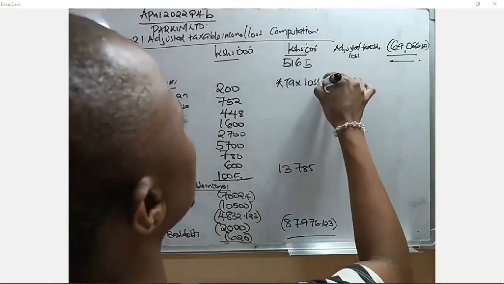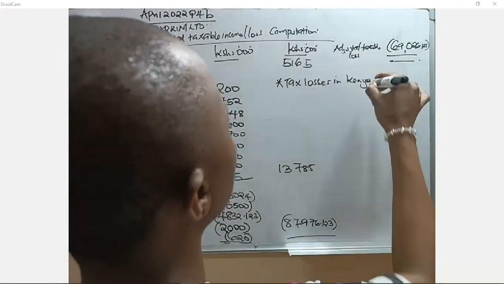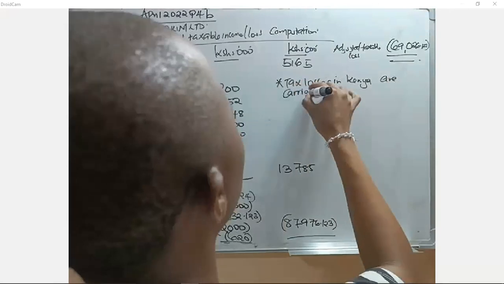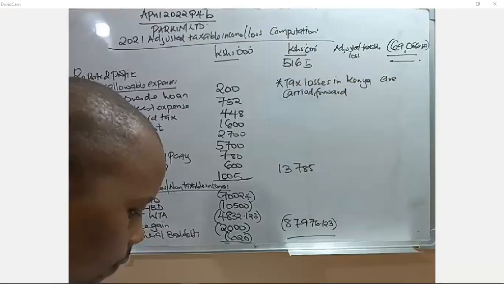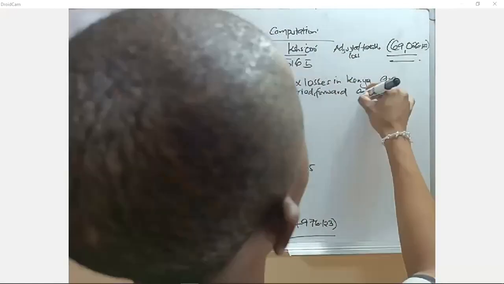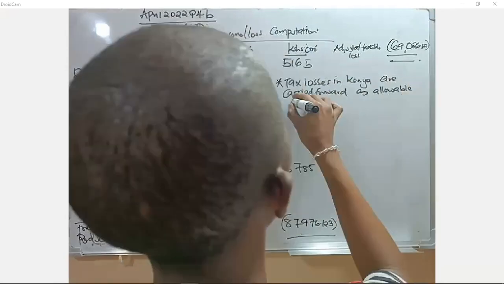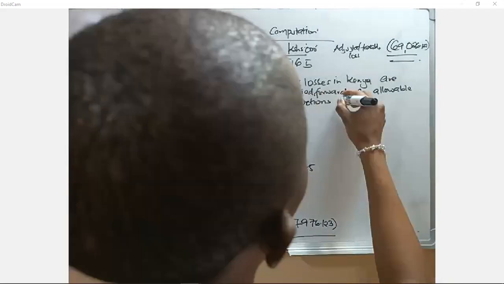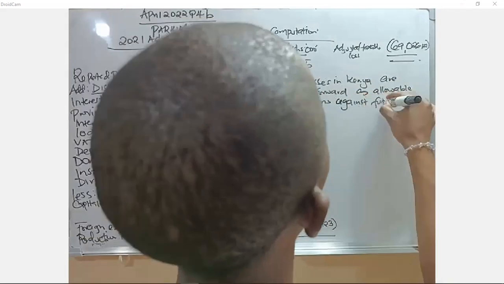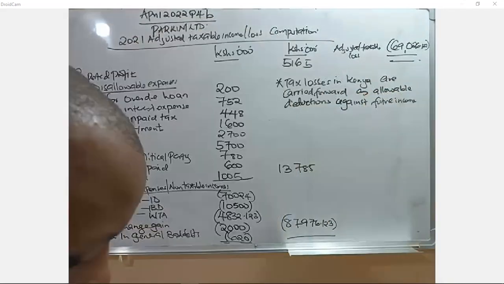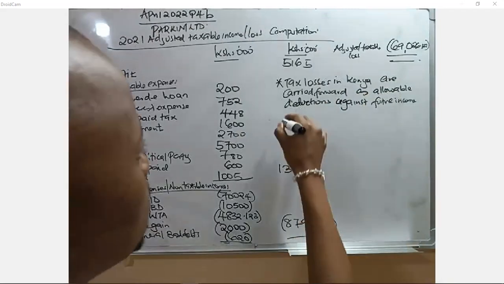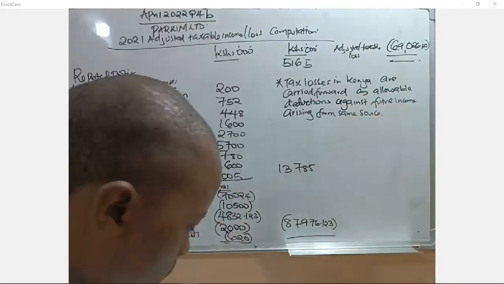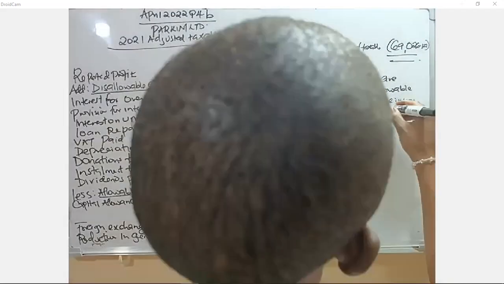Tax losses in Kenya are carried forward as allowable deductions against future income arising from the same source. Such a loss is carried forward indefinitely.